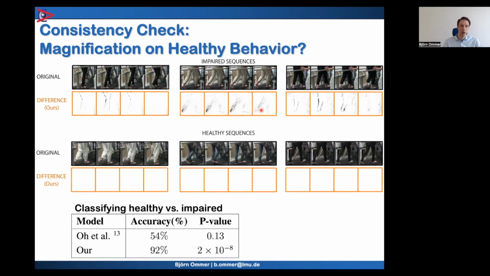And here are the deviations of healthy from the healthy reference, different subjects utilized in that case. And you can see that the magnification does not show any differences. And therefore, there is no arbitrary magnification happening. In that case, if the behavior of your query is very much related to your reference behavior, the algorithm doesn't apply spurious magnifications.